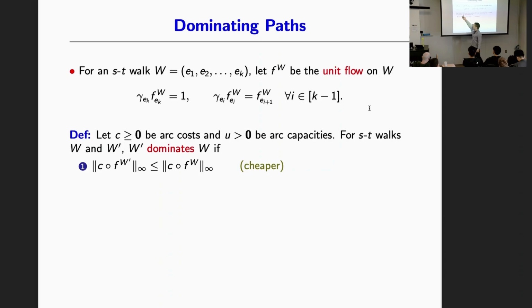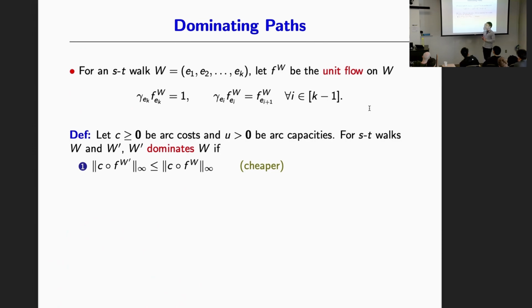So this is the cost of flow on W prime, and this is the cost of flow on W. The true cost would be the L1 norm because you would sum up all the contributions. But here I'm taking the infinity norm as a good proxy. They're going to be off by a factor n, but who cares? So W prime dominates W if its infinity norm cost is cheaper than W.